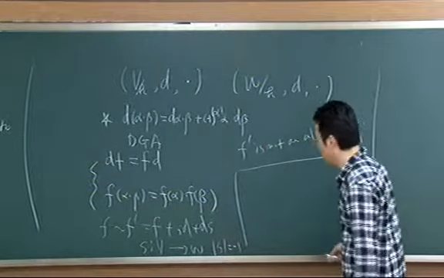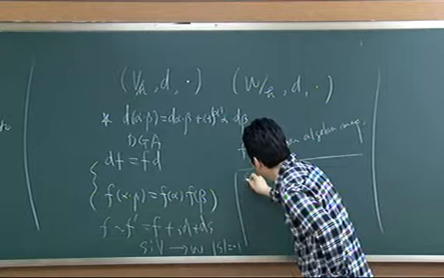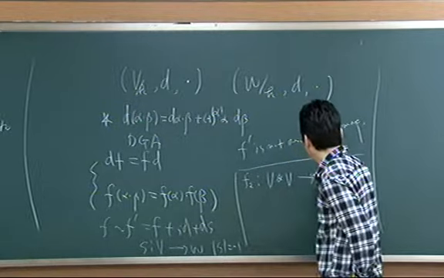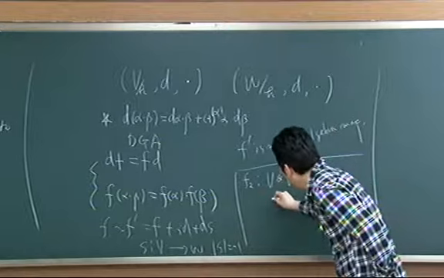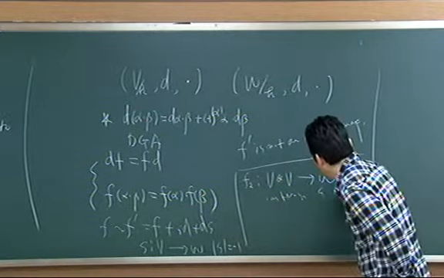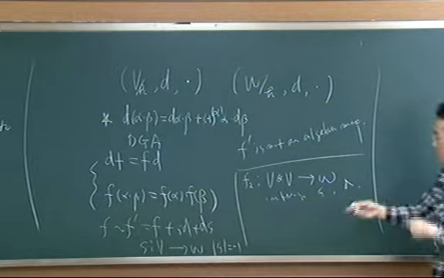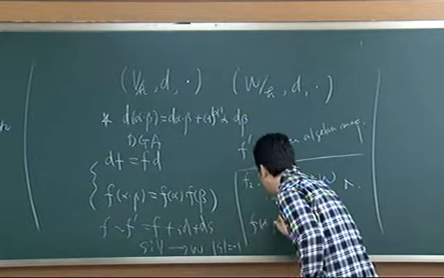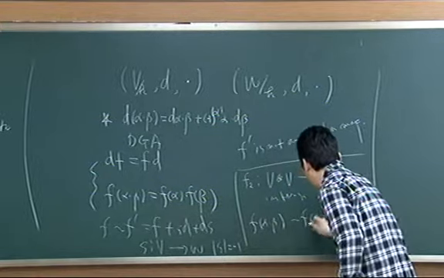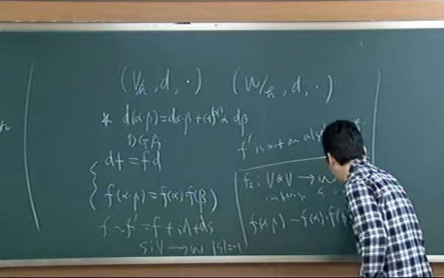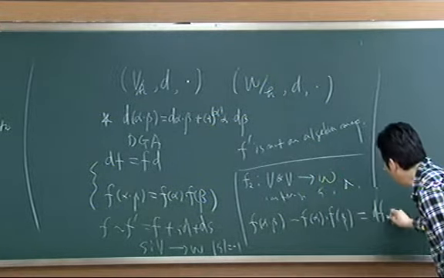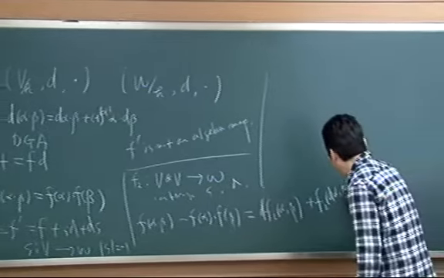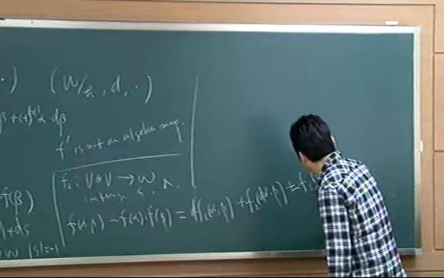It is possible to construct a second map, which I call F2, from B tensor B to W, in terms of S and D. So if I have a homotopy, I can make a map F2 such that F of alpha times beta minus F alpha times F beta equals D F2 of alpha beta plus minus F2 of D alpha beta plus minus F2 of alpha D beta.